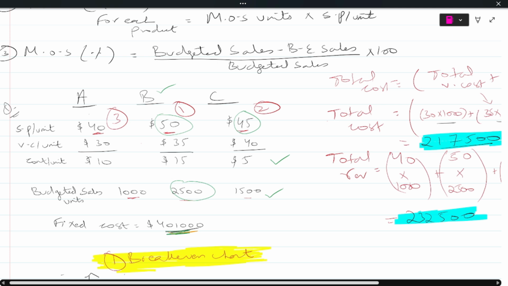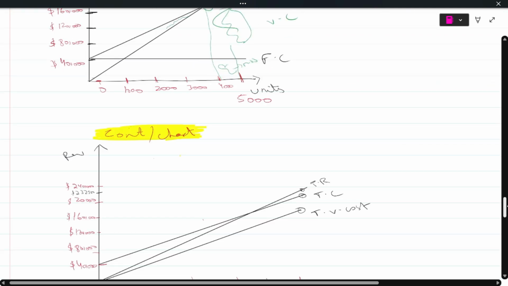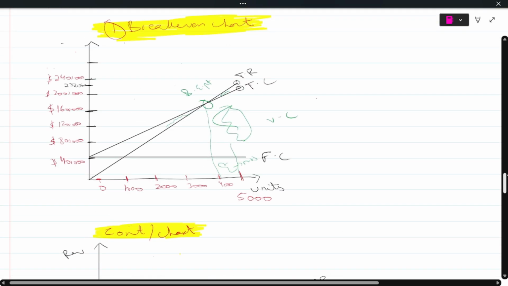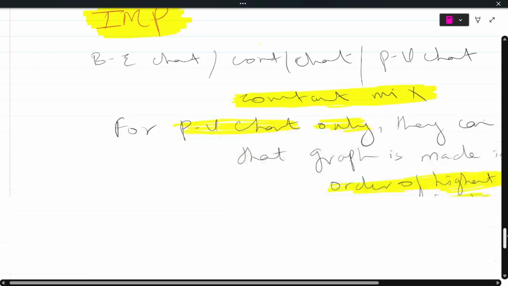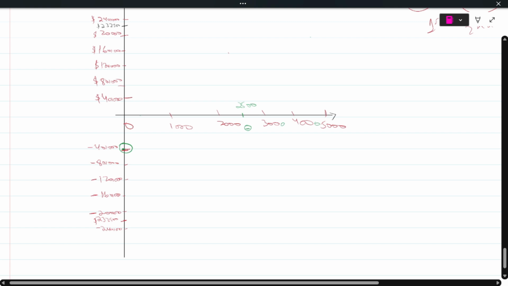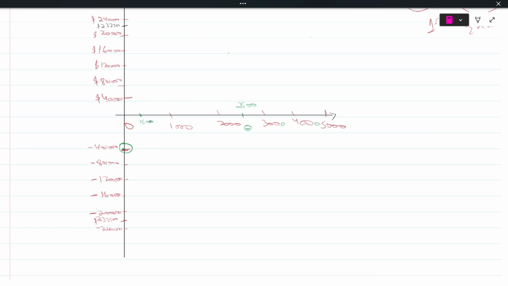And I'm going to subtract this from 40,000, and that gives me 32,500 as my loss. Negative 32,500, that is my loss. So how many units were there? 1,500. So at 1,500 units, which would be somewhere over here, just a rough estimate, I'm making a loss of 32,500.